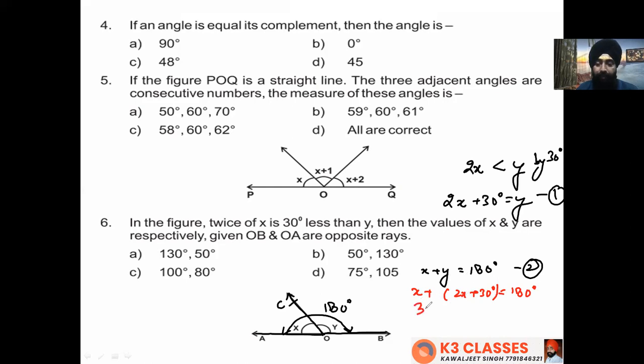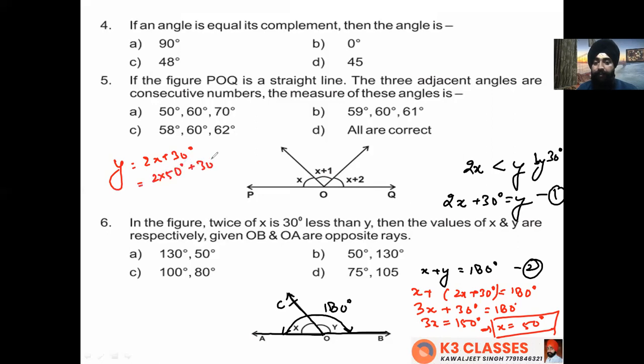We get 3x plus 30 degree is equal to 180 degree, or 3x is equal to 150 degree, or x is equal to 50 degree. If x is 50, y is 2x plus 30, that means 2 into 50 plus 30, that is 100 plus 30, which is 130. So y is 130 and x is 50.